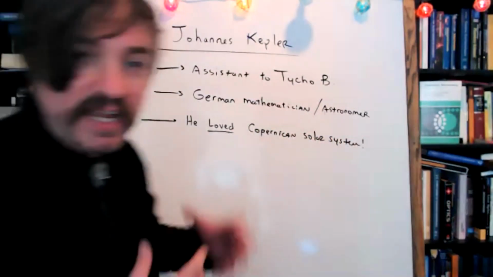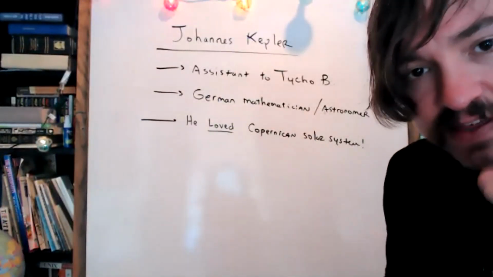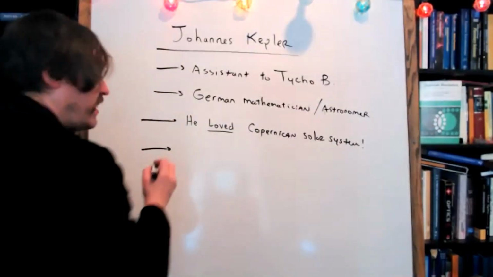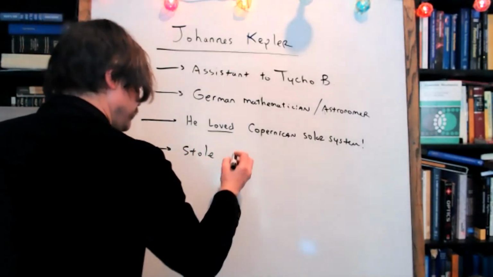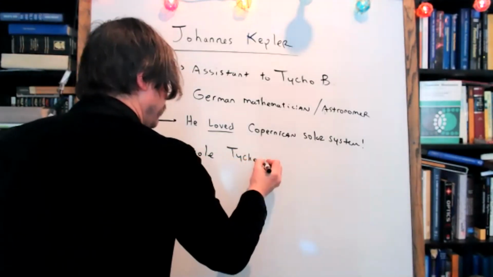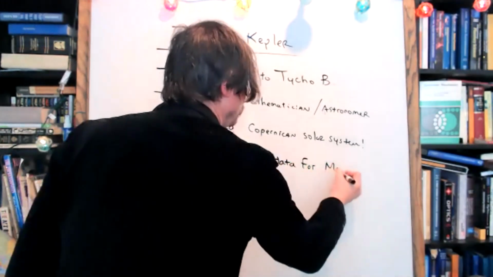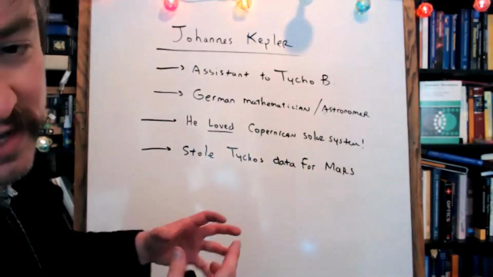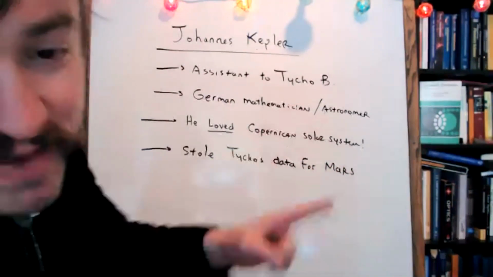But he believed, irrationally so, that Copernicus had to be right about putting the sun at the center of the solar system. He absconded with the data for Mars, so he stole Tycho's data for the positions of the planet Mars, and he retreated into the wilderness to try to make an accurate model of Mars's orbit, which he eventually did.